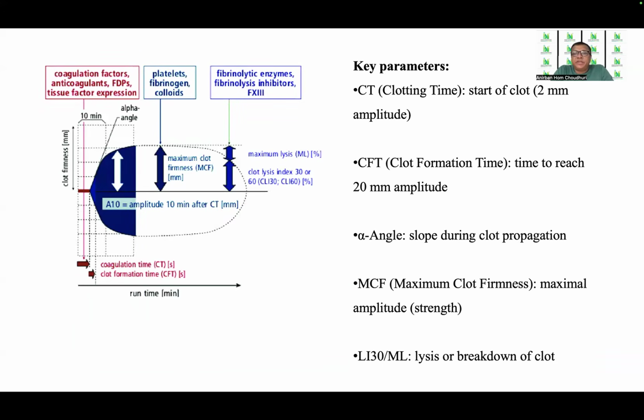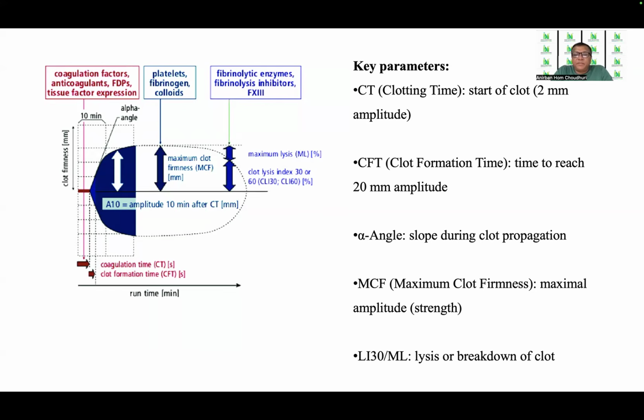If we look into the tracings, we find one is the clotting time, that is the start of the clot, which should become at least 2 millimeter in amplitude. So that is the clotting time. The clot formation time, that is the time to reach 20 millimeter amplitude. The alpha angle, which is the slope during clot propagation.